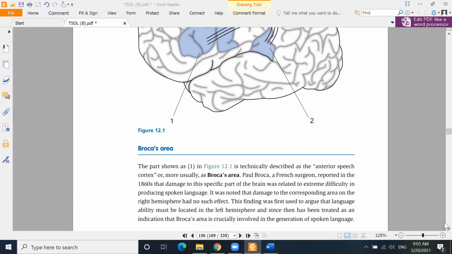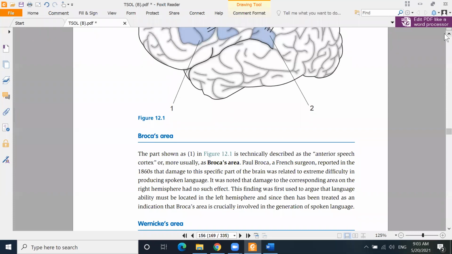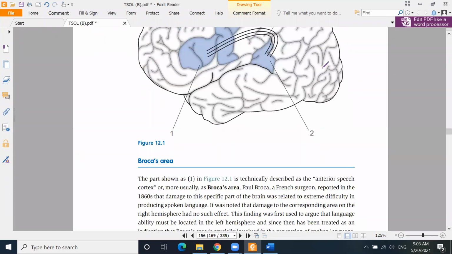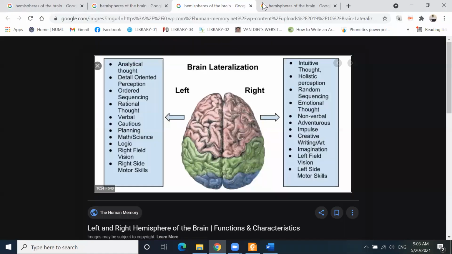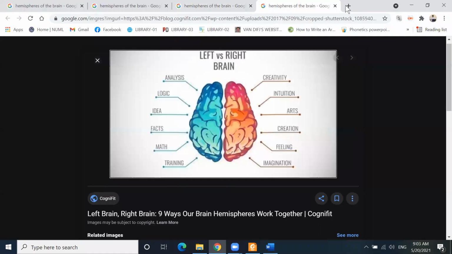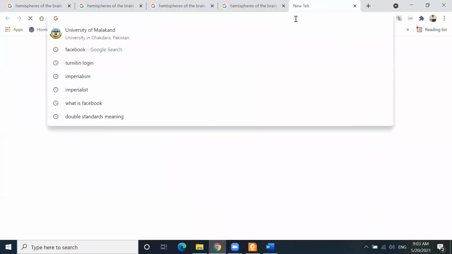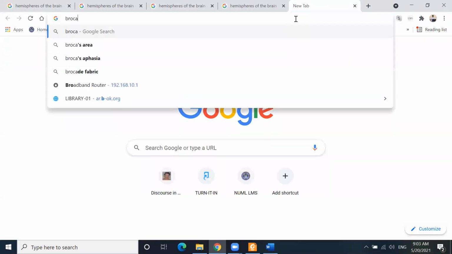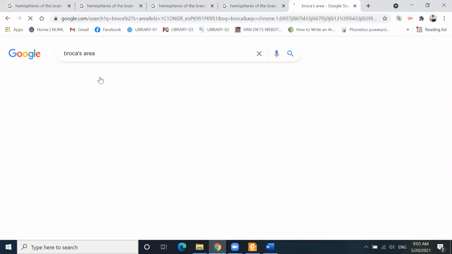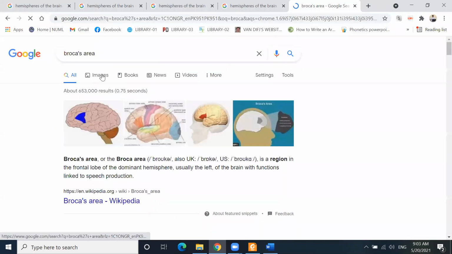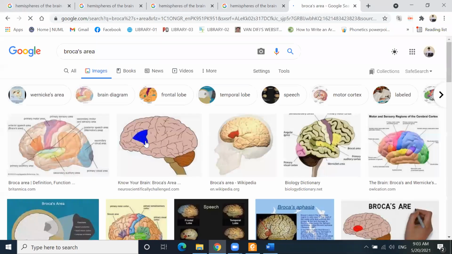So the very first part of the brain is the Broca's area, which is, as you can see, right here. I hope you can see it in the picture, right? Or let me show you more clearly. Broca's area. You see this blue point here, or this red one in this picture?